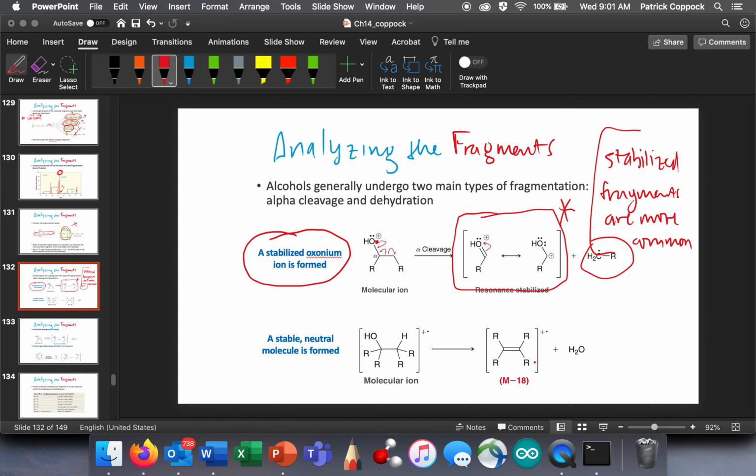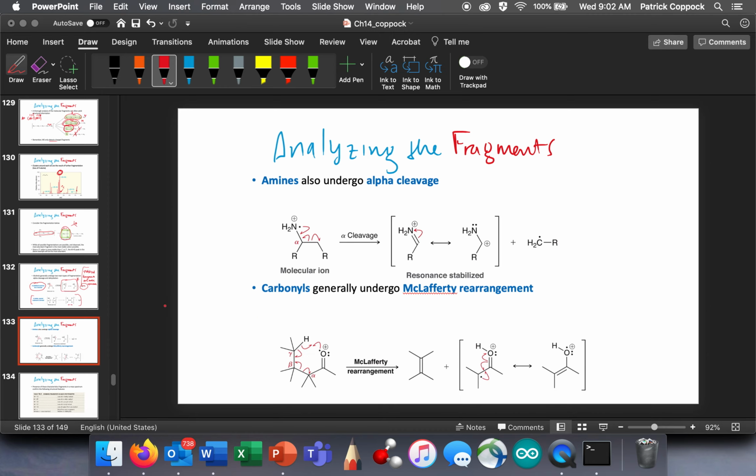Okay? And so we can see that we might get something like an M minus 18. So this is an explanation. You're not going to be asked to show that, but it's a good explanation that when you get electrons shuffling around, you're going to get stabilized fragments. And those fragments, sometimes they're not going to be obvious pieces of a molecule that you started out with.